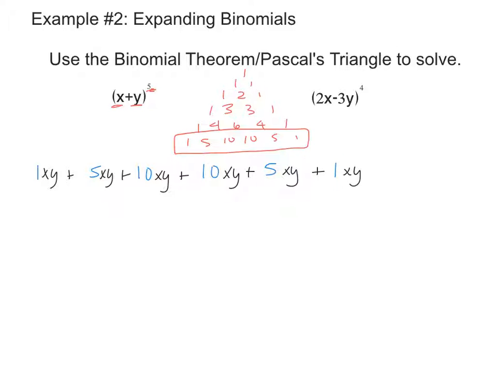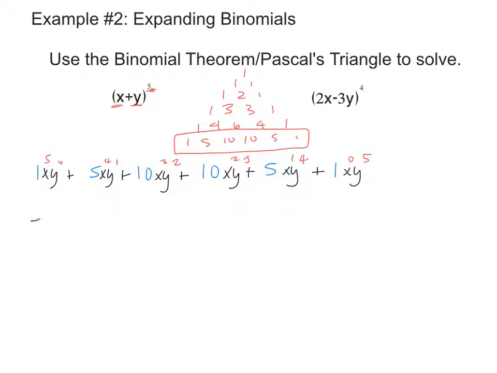And then from here we just need to write our powers. So remember, x is going to be fifth and then descending: fifth power, fourth power, third power, second power, first power, no power. And then on the y's we're going to go backwards: fifth power, fourth power, third power, second power, first power, no power.